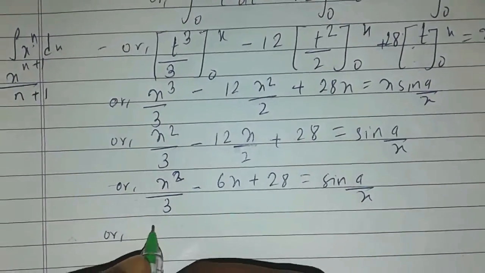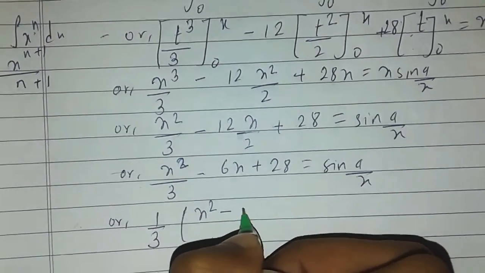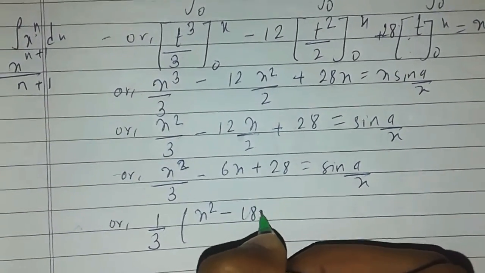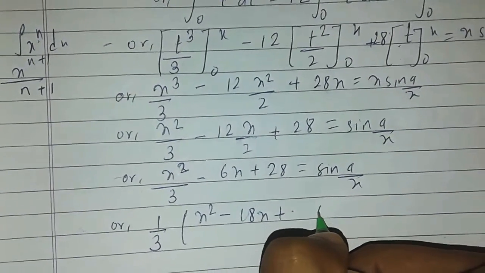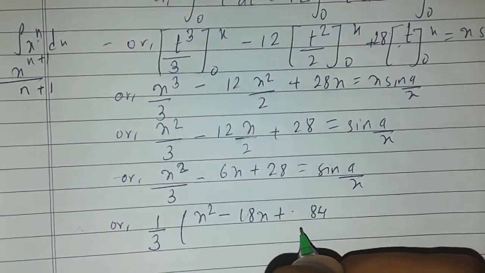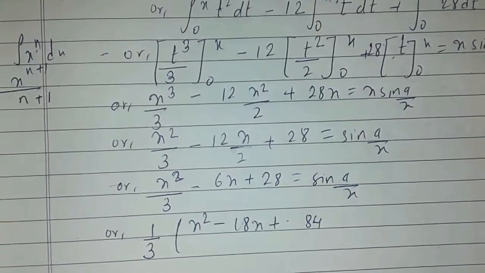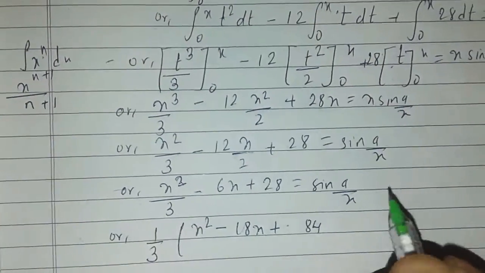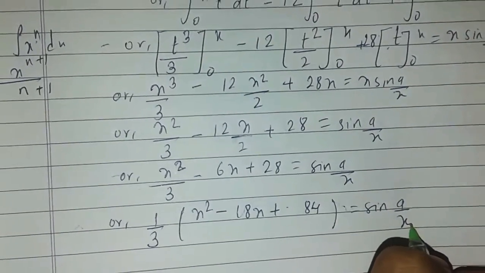Now while we take 1 by 3 common here, what will happen? It will be 1 by 3 x square minus 6 times 3, which is 18x, plus 28 times 3, which is 84, equal to sine a upon x.